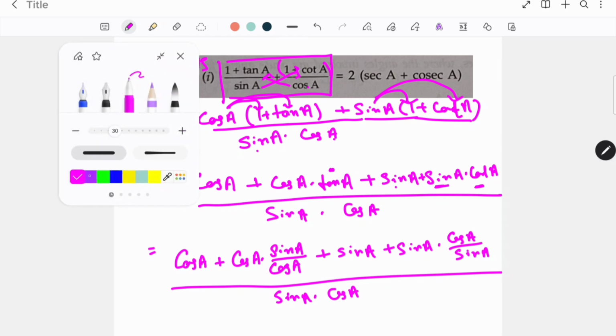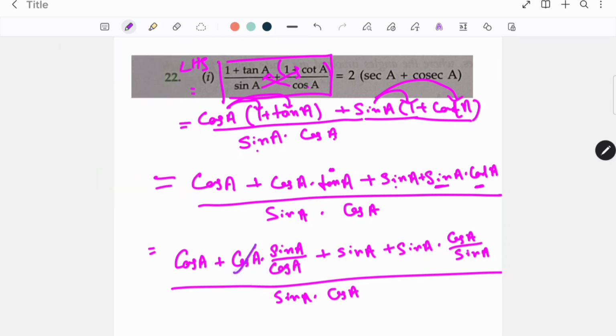Now what we'll get here, this cos A and cos A cancel, sin A into this down sin A cancel. So what we got?